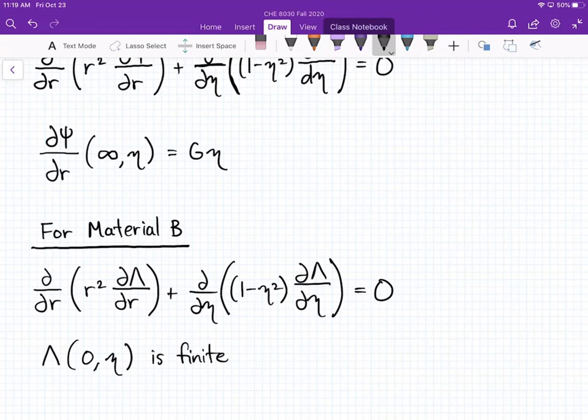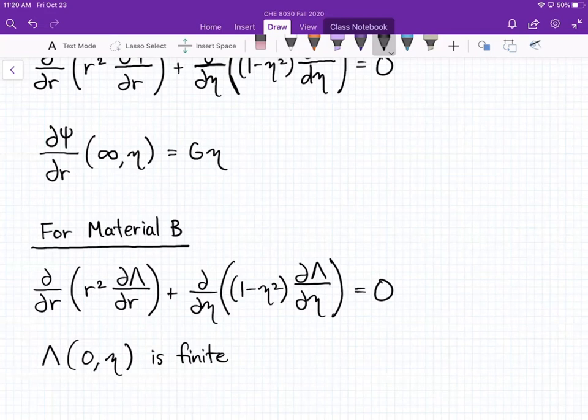Unfortunately, because the temperature varies as both a function of r and eta, for us technically theta, we do not have a spherically symmetric system. Therefore, it is not okay for us to assume that the flux at r equals 0 is 0. So the only thing we can say is that we know that the temperature at the center of the sphere is finite, and that will be enough information to help us solve for one of our constants.